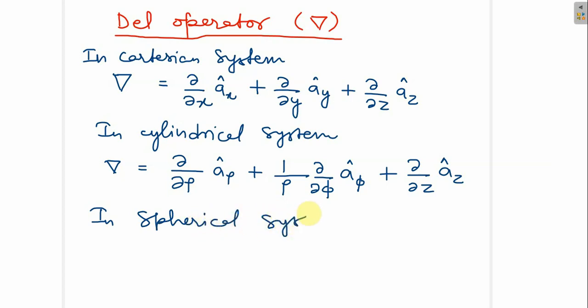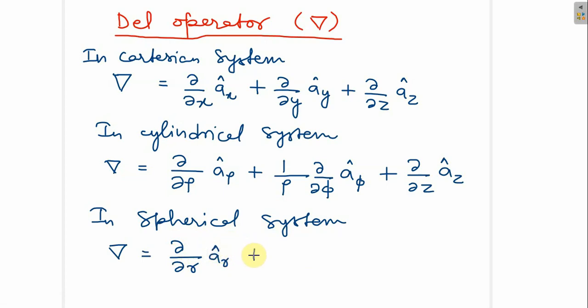And in the spherical system, the del operator can be written as del r ar, since we have r, theta, and phi in a spherical system.